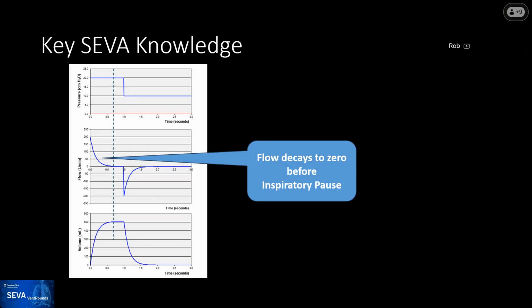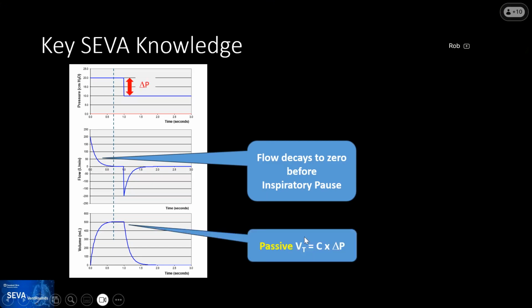Also, we see a vertical dotted line that represents an inspiratory hold. It's considered a manual inspiratory hold, if you will. In this case, we see that flow decays to zero just before the inspiratory hold is instituted. What that means is that a passive tidal volume will reach its maximum value by the time flow decays to zero.